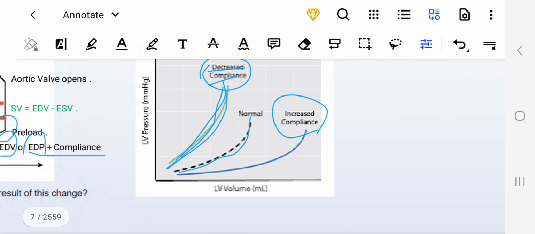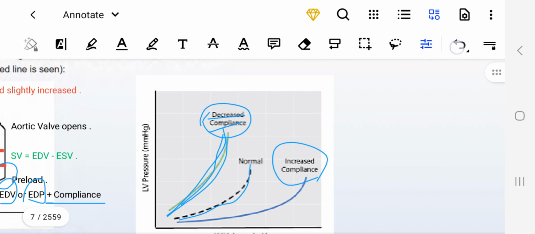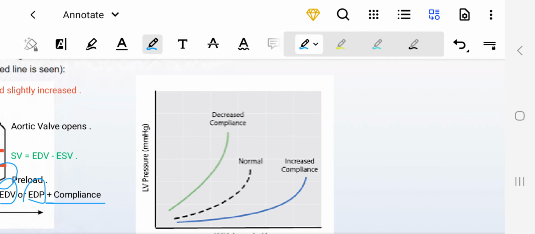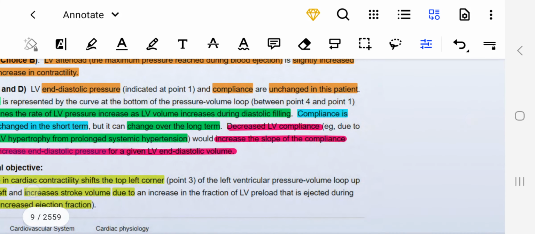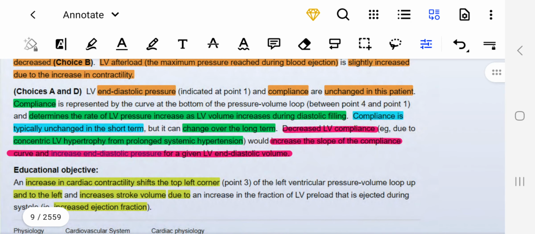They are talking about this thing, right? And the compliance is decreased in concentric left ventricular hypertrophy, and it is also decreased in other causes of heart failure, right?